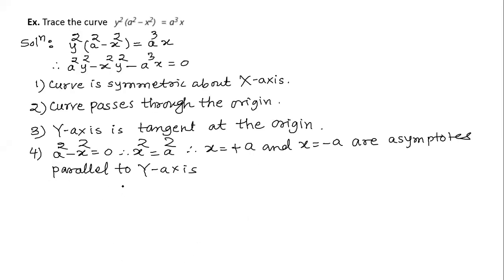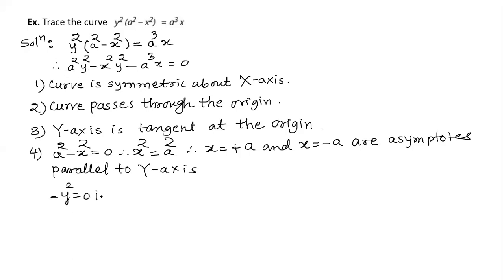But before that, does there exist an asymptote parallel to the x-axis? For that, equate to 0 the coefficient of the highest degree term in x. In the first term, a square y square, the degree of x is 0. The second term is minus x square y square, the degree of x is 2, and the third term is minus a cube x, the degree of x is 1. So the highest degree term in x is minus x square y square, and the coefficient of x square is minus y square.